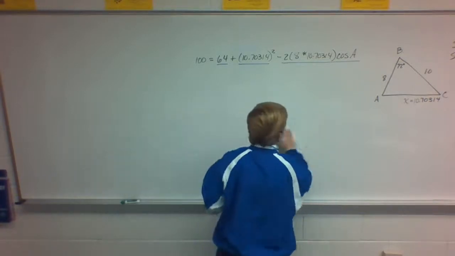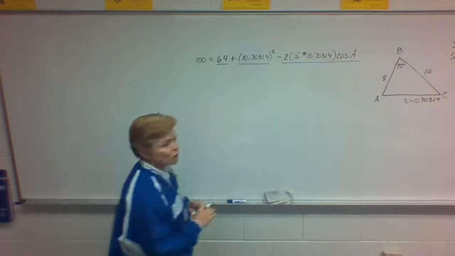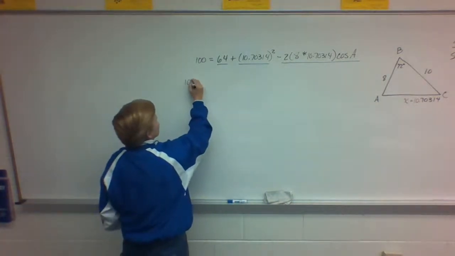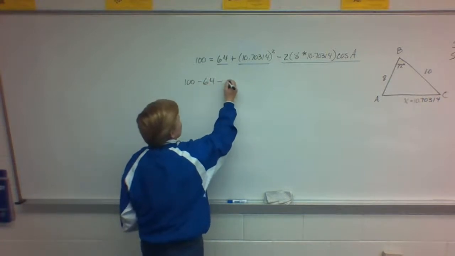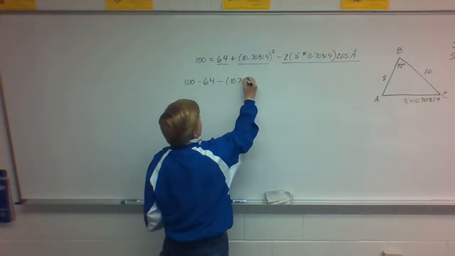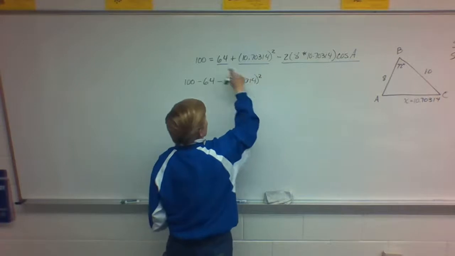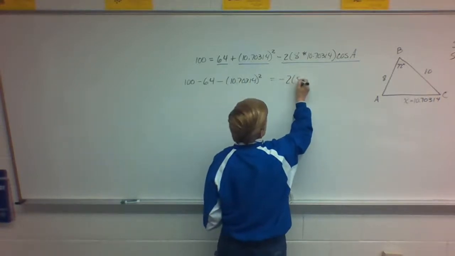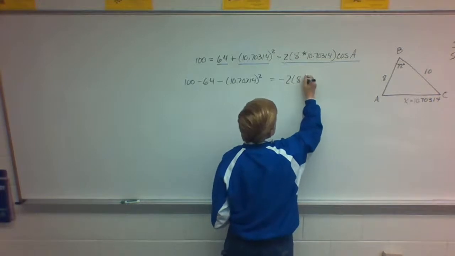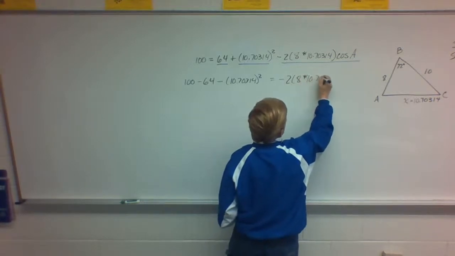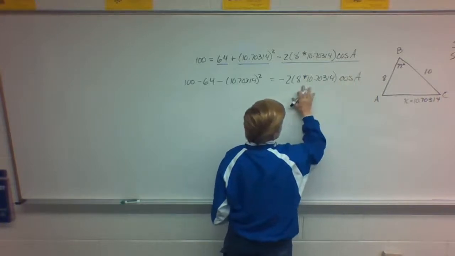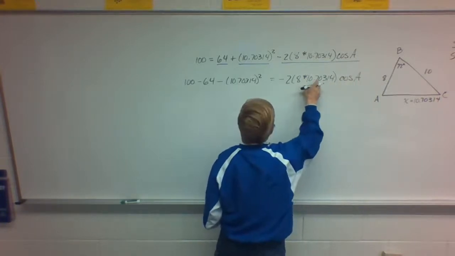So when you go to solve for A, you have to unlock the doors algebraically correctly. The first thing I'm going to do is take 100 minus 64 minus 10.70314 squared. I'm going to get rid of these two by subtraction. But what that leaves is this entire term over here. And in order to unlock the next door, which is to get this peeled off the cosine, it's by division.